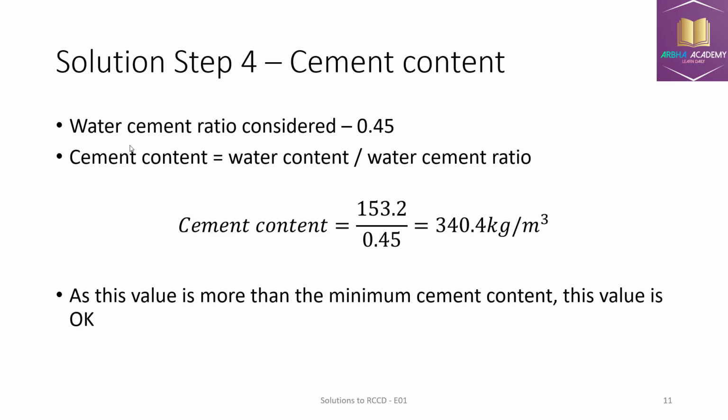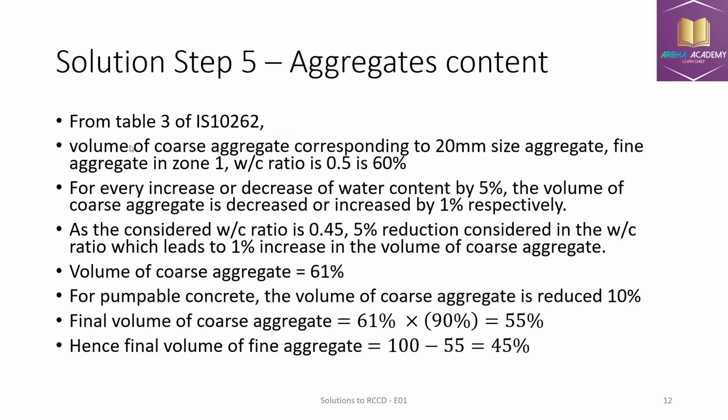Proceed to step 5, where we find out the aggregates. From table 3 of IS 10262, the volume of coarse aggregate for the corresponding 20 mm size and water cement ratio of 0.5 is 60%.